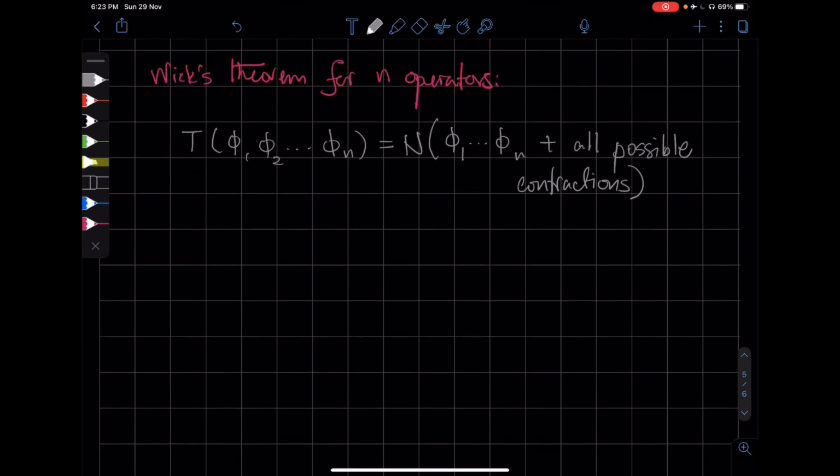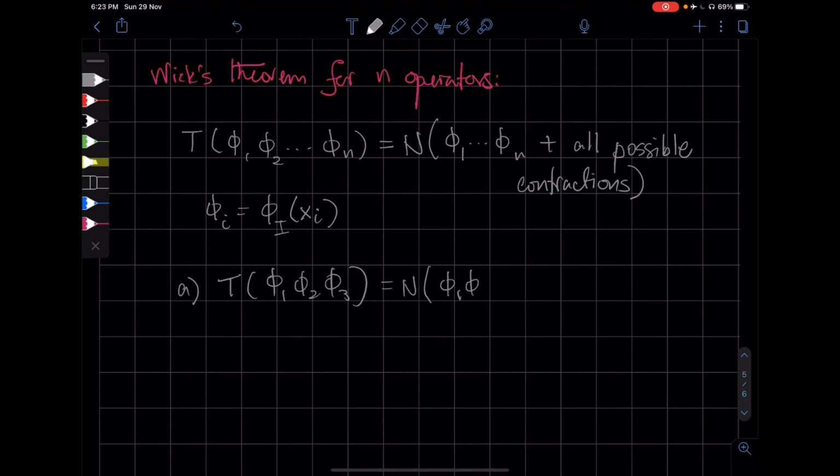So what do we mean by all possible contractions? Let me give you a couple of examples. One example of a statement of Wick's theorem would be if you had the time-ordered product of, say, three operators. By the way, when I denote phi I, by phi I, I'm denoting the interaction picture operator at space-time point xi. So this is a shorthand notation. So coming back to the time-ordered product of three operators, this will give us the normal ordered product of those same three operators plus all possible contractions.